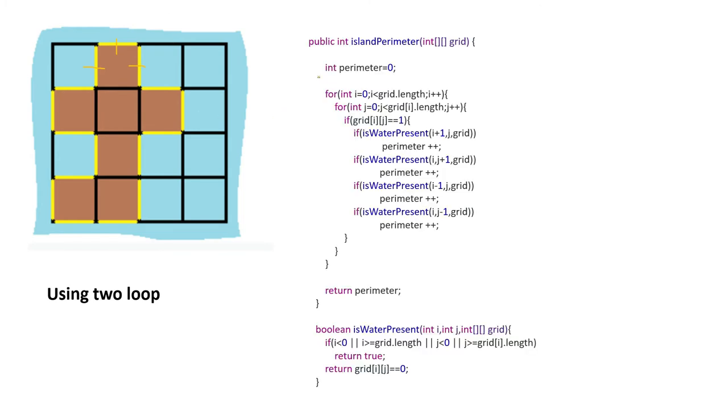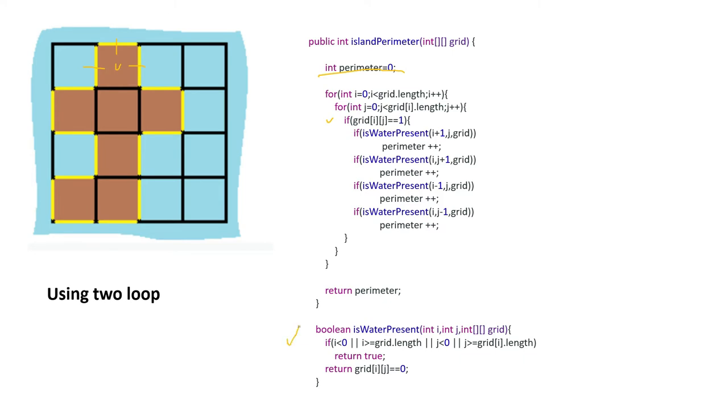If you check, we take one perimeter variable, which we gradually increase, and we are using two for loops. If we find one land cell, meaning we are here, then we have to check the four directions, like what is present there by i plus 1, j or i, j plus 1 or i minus 1, j, i, j minus 1, and in each direction I have to check whether water is present or not.